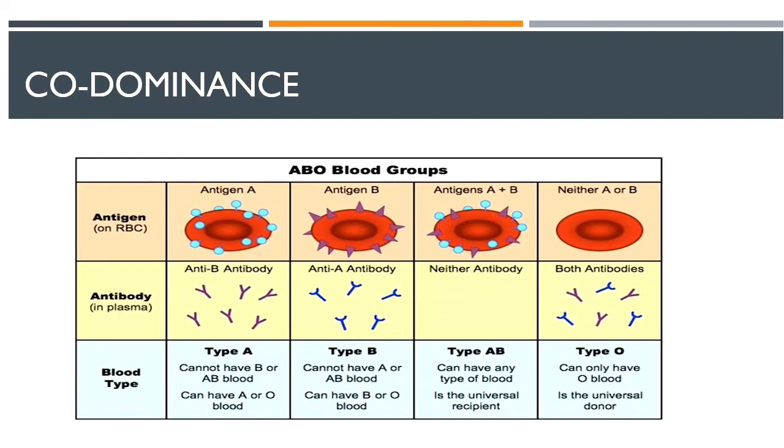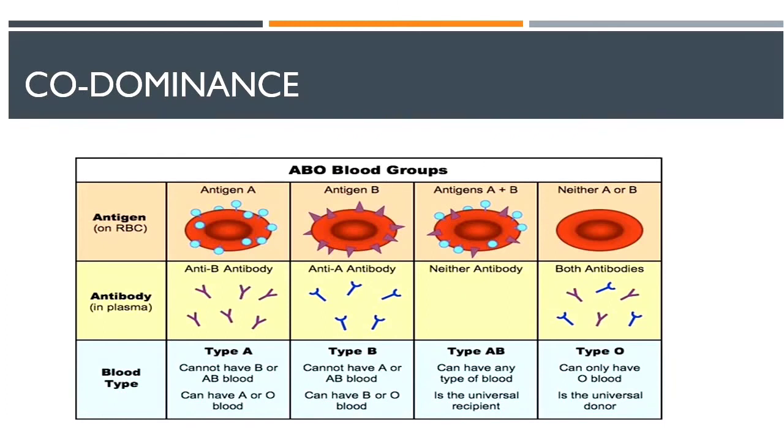You can also see this from the picture. For antigen A, we have blue spike-like sugar receptors present on the surface of the RBC, whereas for antigen B, that is blood group B, we have differently shaped spike-like sugar receptors on the surface of the RBC.